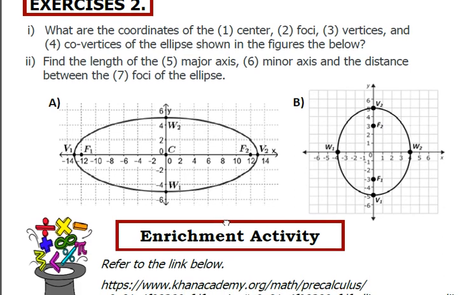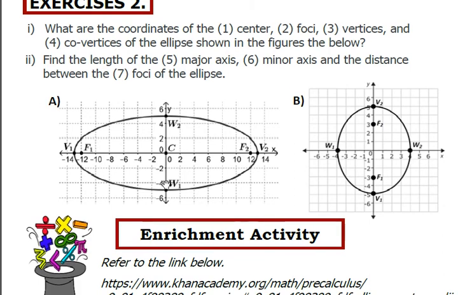So let's have ellipse A. Let's get familiar with ellipse A. Center, of course, is at 0, 0. What are the coordinates of the foci? F1 here is -12, 0. F2 is 12, 0. And what are the coordinates of the vertices?